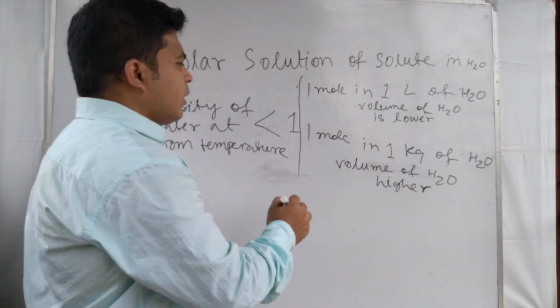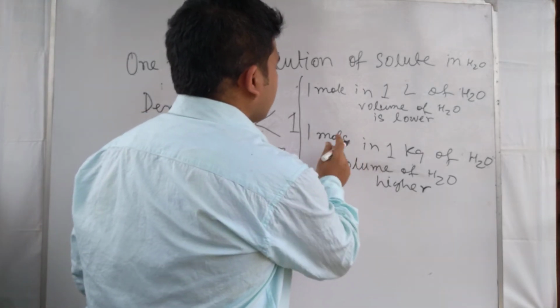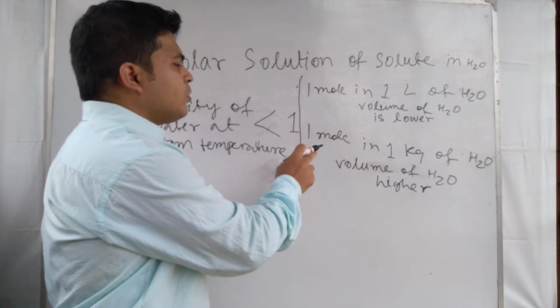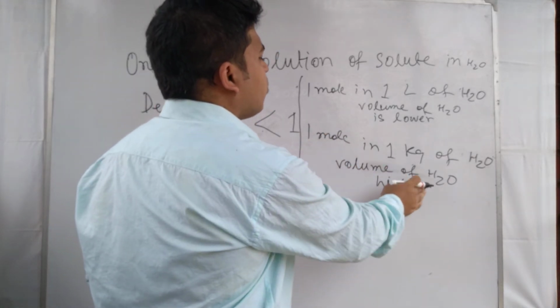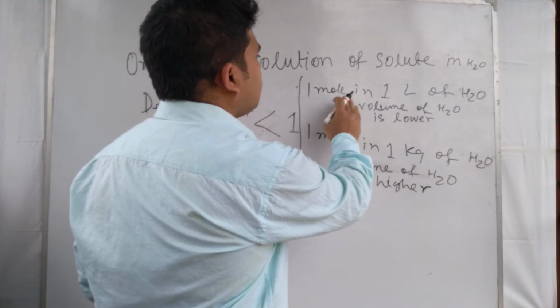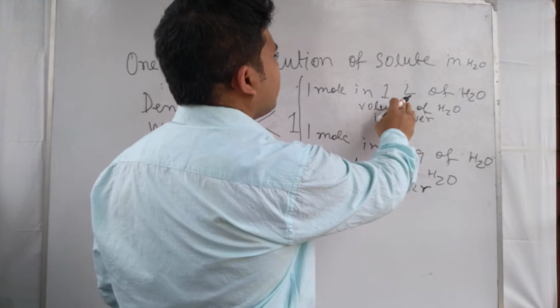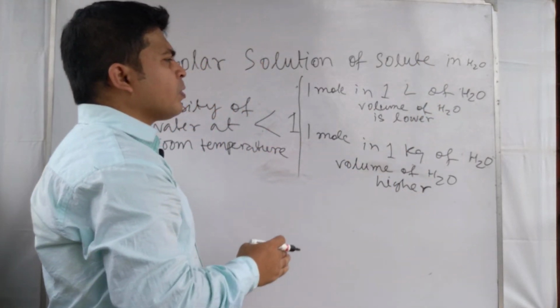So generally we can say that 1 mole of the solute is present in a higher volume of H2O in the molal case, and 1 mole of the solute is present in 1 liter of H2O in the molar case.